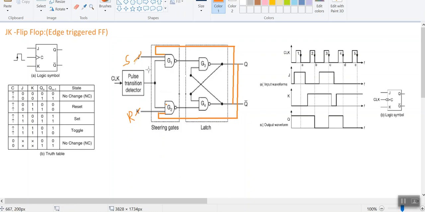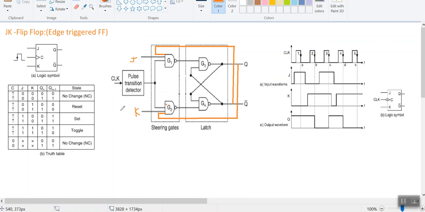Now we can say that this is our JK flip-flop. My outputs Q and Q bar are connected in a feedback path to the G1 and G2 NAND gates. Q bar is connected to the G1 NAND gate and Q is connected to the G2 NAND gate. That is the concept of the JK flip-flop.